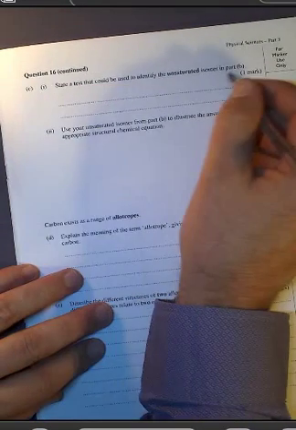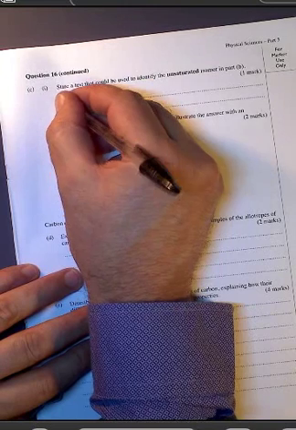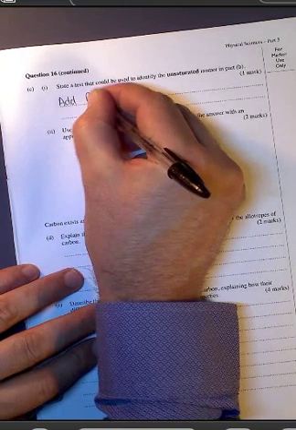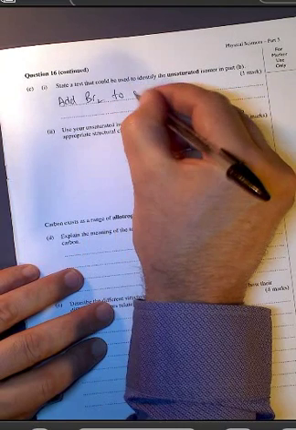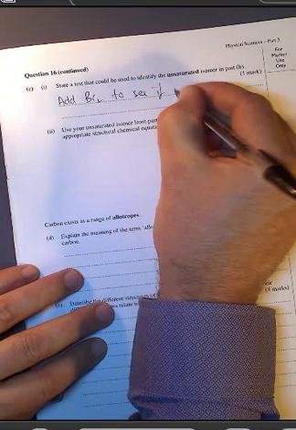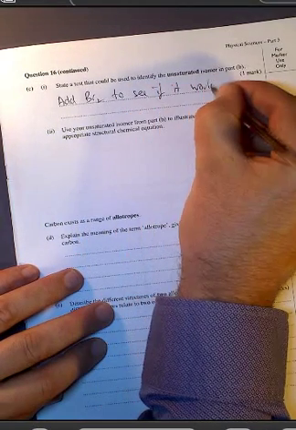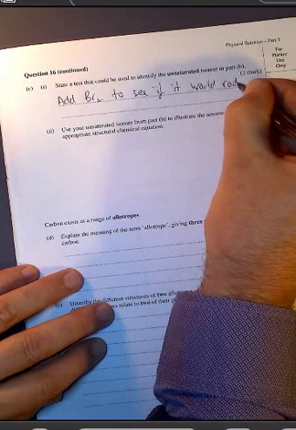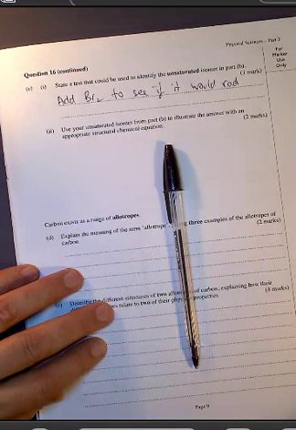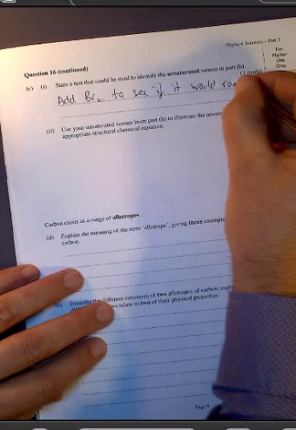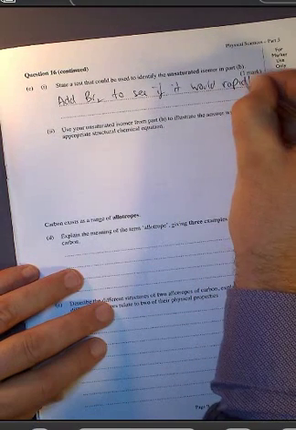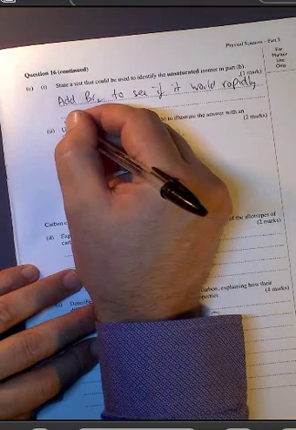So a test that would identify the unsaturated compound would be to add Br2 to see if it would rapidly discolor, or decolorize.